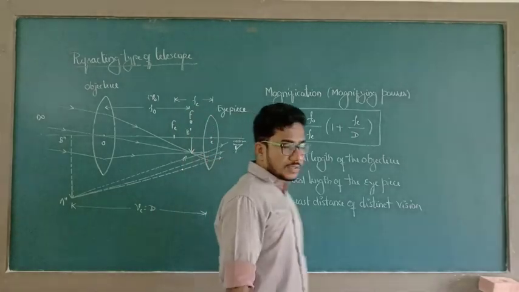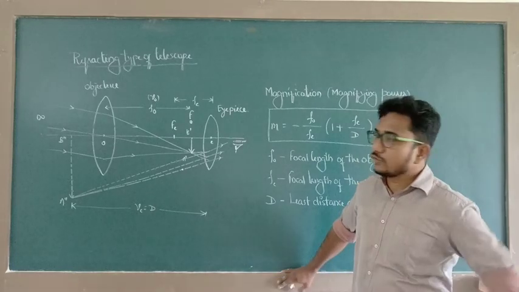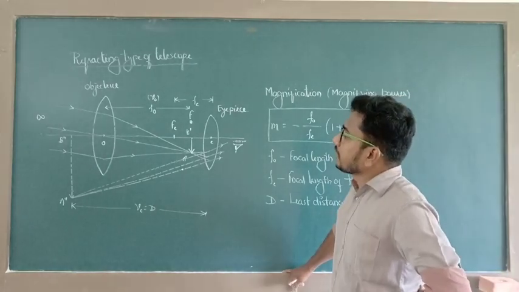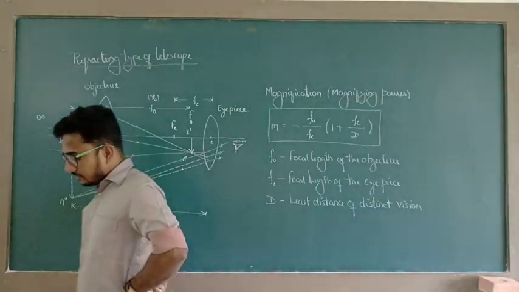So for 1 mark they may ask about this equation, and that ray diagram is for 2 marks. Plot the ray diagram of a refracting type of telescope when final image lies at least distance of distinct vision.